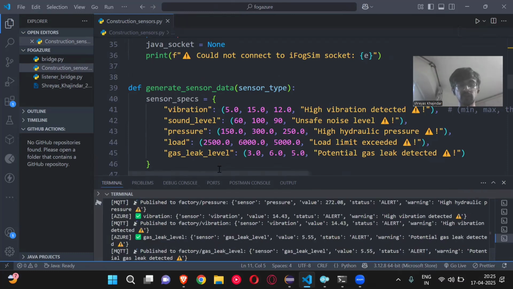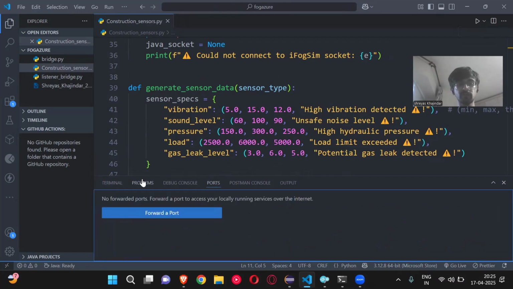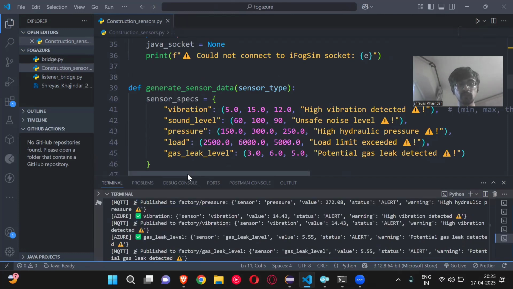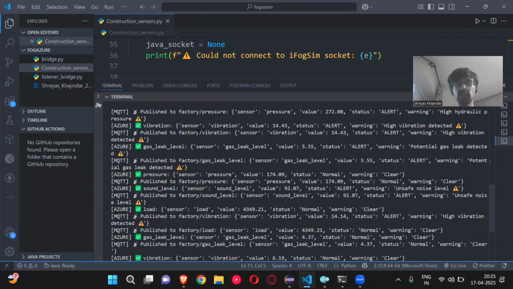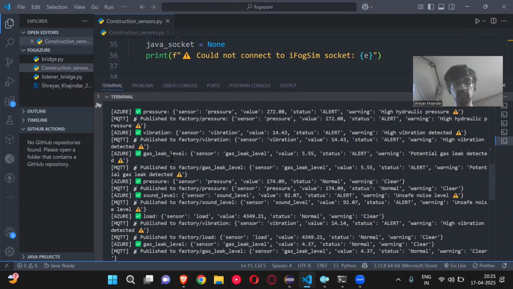After running this code, these are the outputs of our sensor values coming from the Azure IoT Hub.